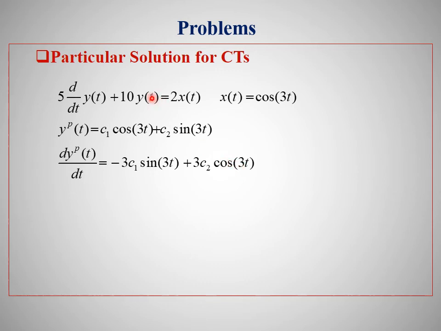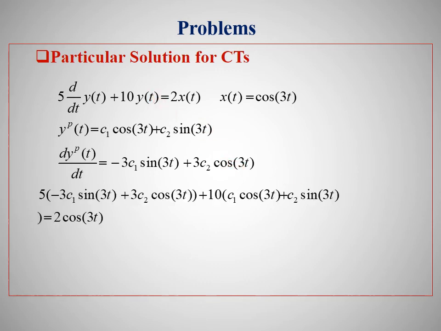Substituting this in the equation, we get 5 into dyp by dt, which is 5 into minus 3c1 sin 3t plus 3c2 cos 3t, plus 10 into yp of t, which is c1 cos 3t plus c2 sin 3t, and that will be equal to 2 into the input, which is cos 3t.